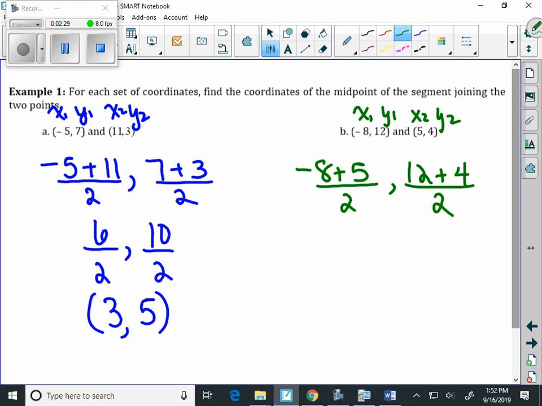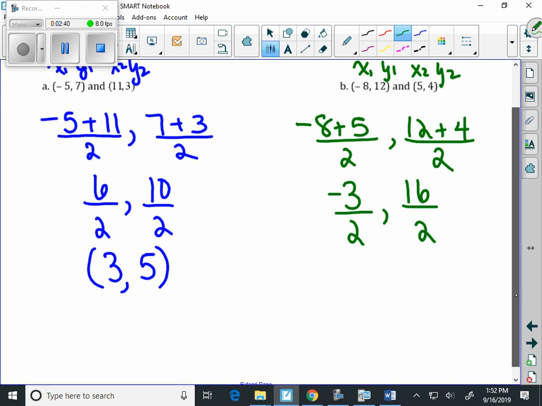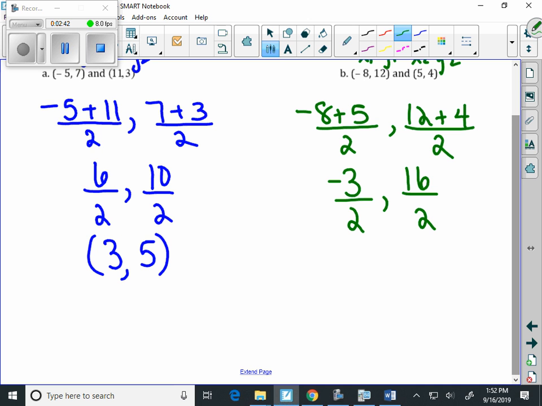And -8 plus 5 is -3, divide by 2. 12 plus 4 is 16, divided by 2. And if you don't like the fraction, -3 divided by 2 is -1.5. And 16 divided by 2 is 8.